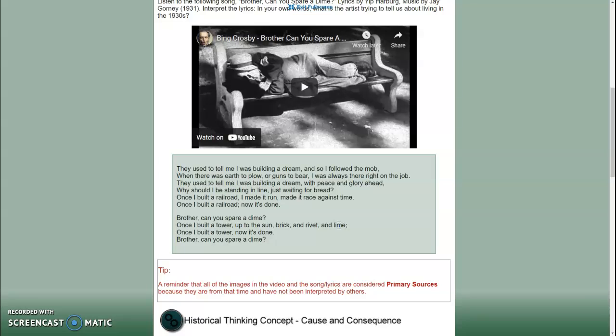I think there's even a part where they use a video from that time, so that also counts as a primary source. And because this song was written in the 30s, about the 30s, we would call it a primary source too. So if you're having trouble figuring out your primary, secondary, there's some more examples.